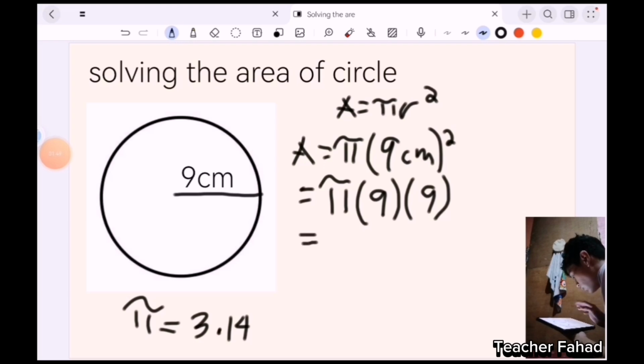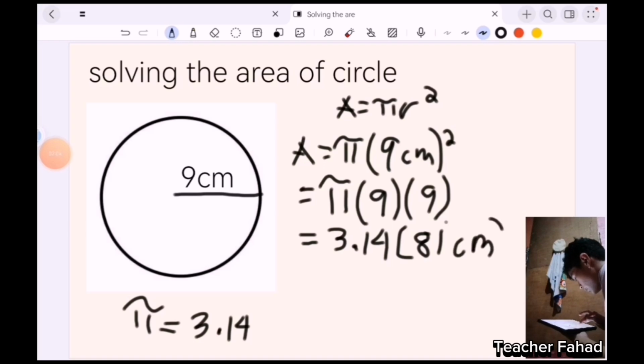So the next is get the pi, 3.14, then 9 times 9 is equal to 81, centimeter square. Like this. Then after that, we get the area of the circle.